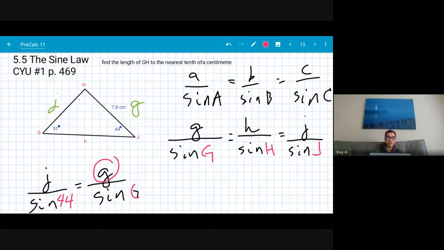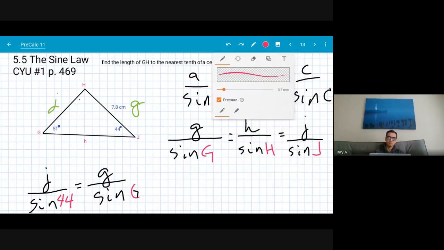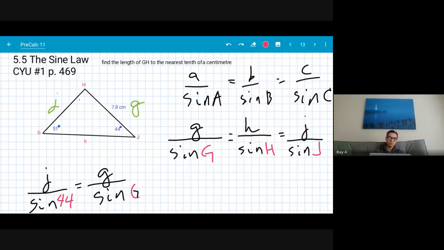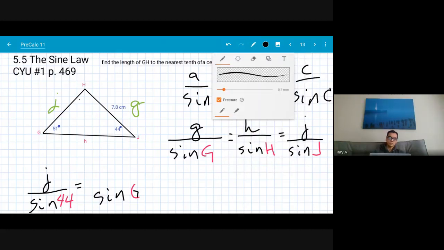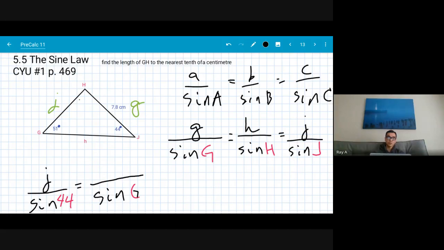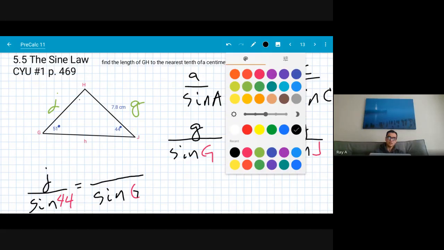And then what about G? Do we have a value for G? Oh yeah, we do, which is this one. So we're going to replace that with the value given. What is that value? G is 7.8, so let's put in 7.8.